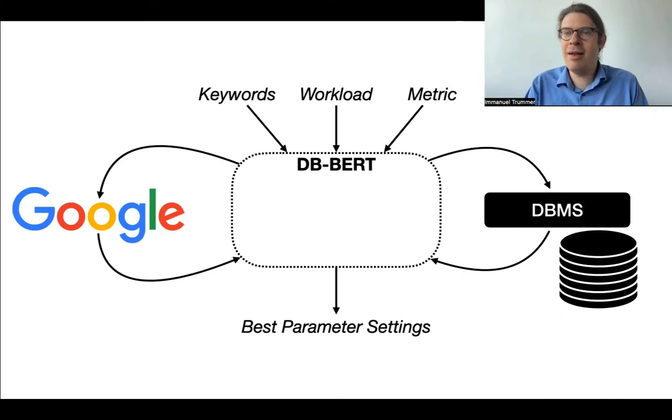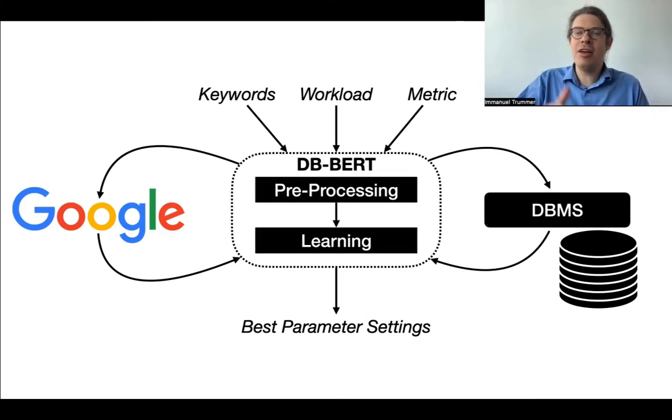And internally, this tuning process is divided into two phases. We have the pre-processing phase, which happens once, and then we have the learning phase, which is iterative. In the following, I'm going to say a few more words about both of those phases.